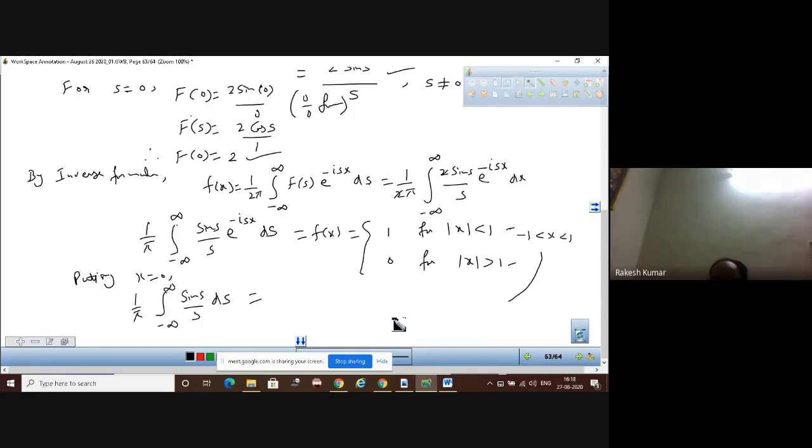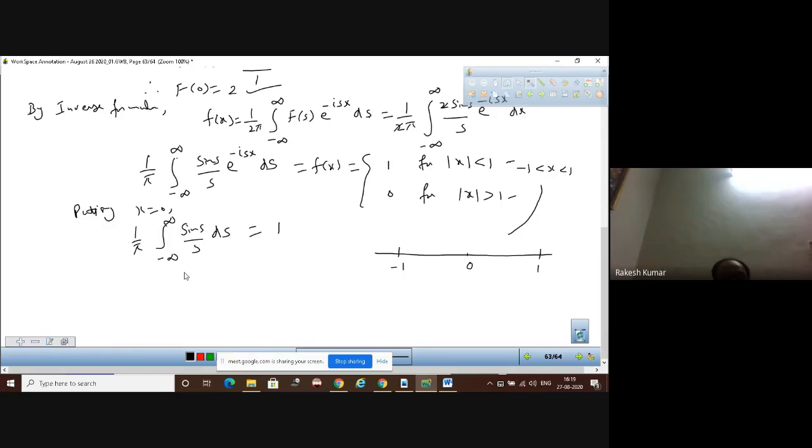The minus 1 to 1 line will be like this: this is minus 1 and this is 1. Automatically 0 will be here on the real line. So the point 0 lies on this interval, minus 1 to 1. And what is the value for this interval? That is 1.